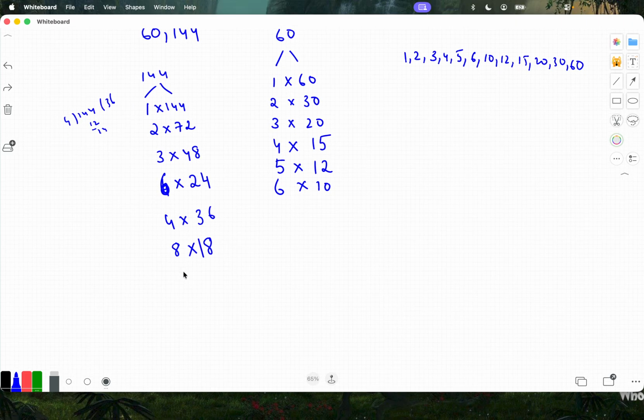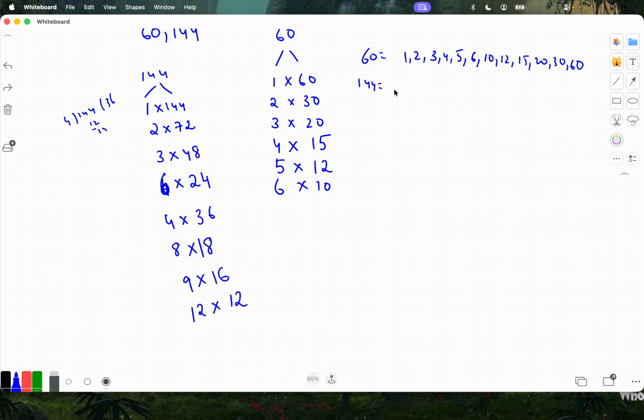Then 9, it will go, 9 6s are 54. 10 table it will not go. 12 table it will go, 12 12s are 144. So these are the factors.